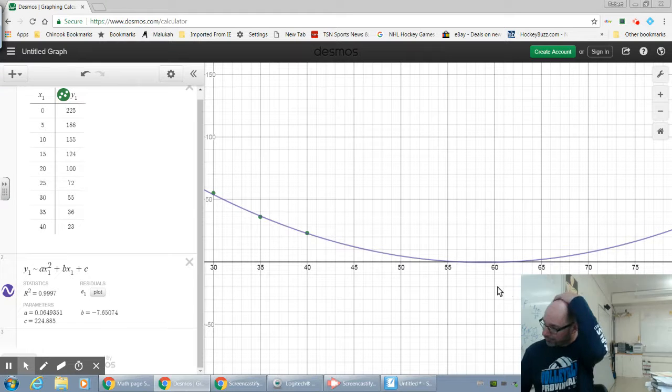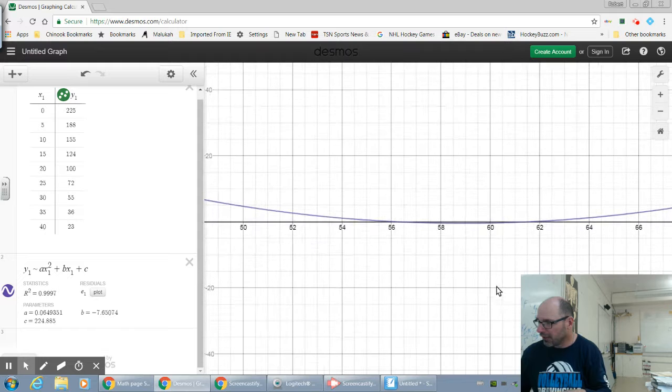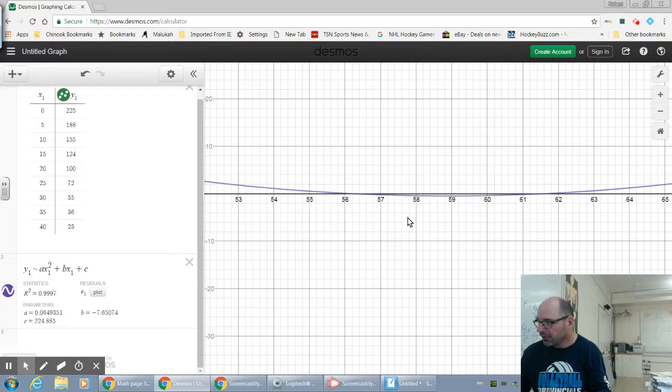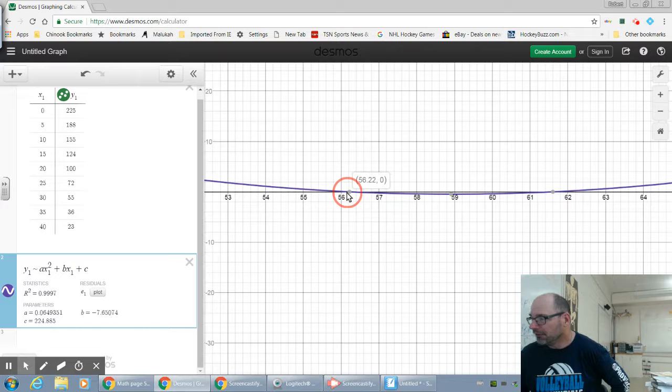So we're going to zoom in to see. Okay, so right there, 56.22 minutes, and also over here, but this is back up on the upswing.